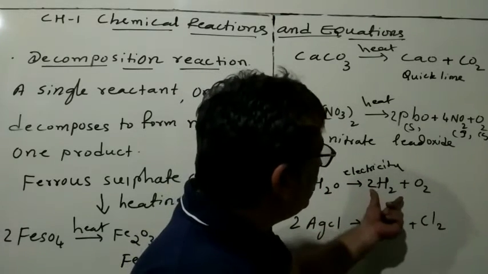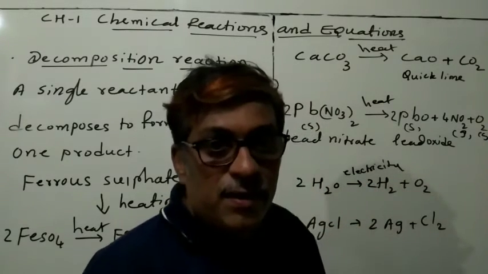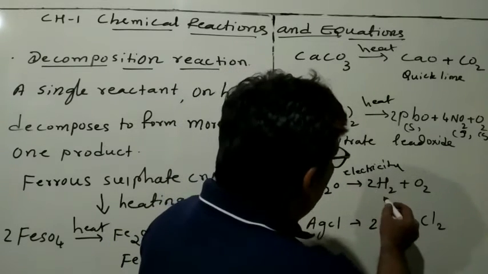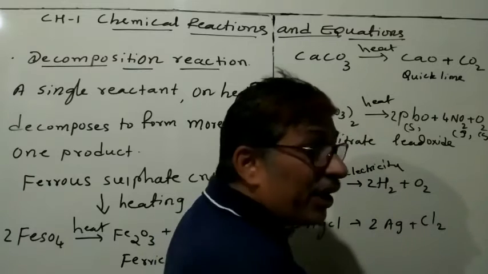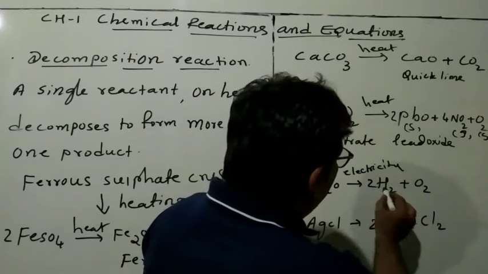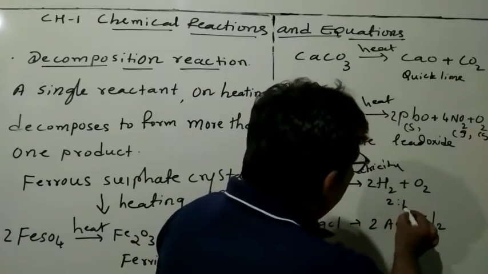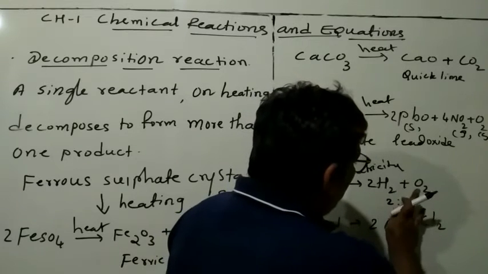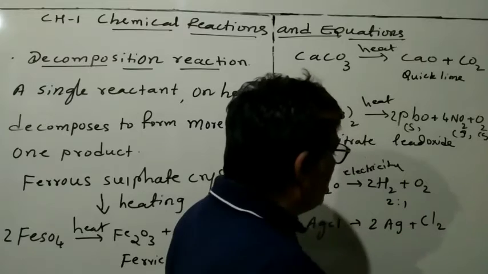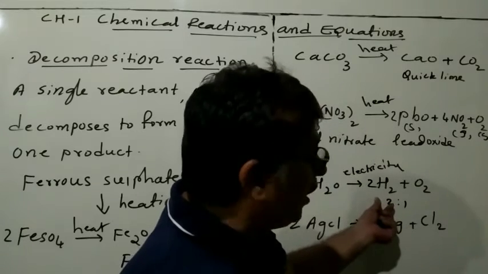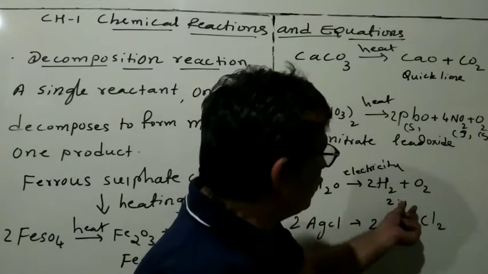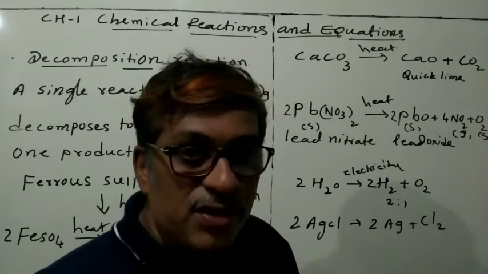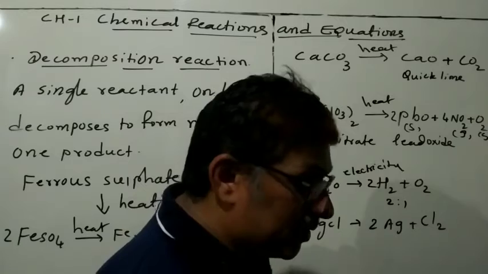Here you will get hydrogen gas and oxygen gas in the ratio of 2:1. Here 2 and here no number means you will get them in the ratio of 2:1. Suppose we get 4 hydrogen, then here we will get 2. So you will get hydrogen and oxygen gases in the ratio 2:1.